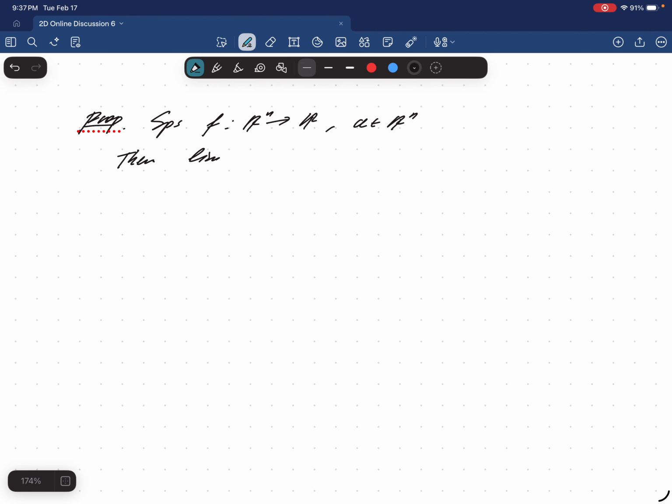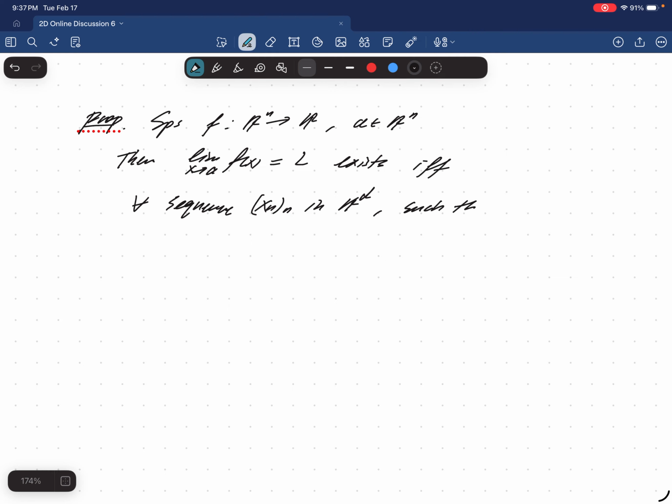Then the limit of x approaching A of f of x equals L exists if and only if for all sequences xn in Rd, let's not use n here, let's use Rd, such that xn converges to A in Rd, we have that the limit as n goes to infinity of f of xn equals L.